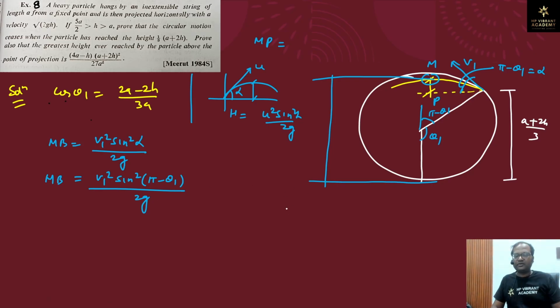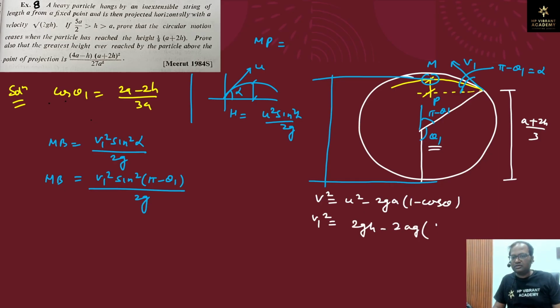From the velocity, the final velocity is given as v square is equal to u square minus 2ag into 1 minus cos theta. At theta 1, we have to find the velocity. So v1 square is equal to the initial velocity, 2gh, minus 2ag into 1 minus cos theta 1.